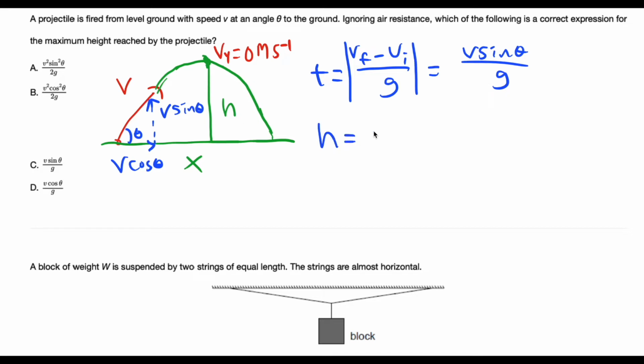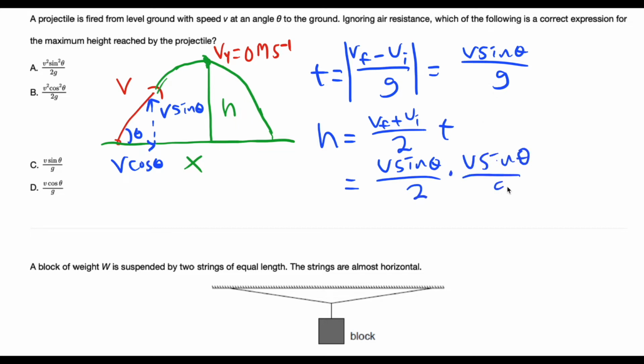And we know height is equal to average velocity, which is final velocity plus initial velocity divided by 2, times time. The final velocity here is equal to 0, so it's equal to v sine theta over 2 times time. This will give us the equation v squared times sine squared theta divided by 2g. So the answer will be A.